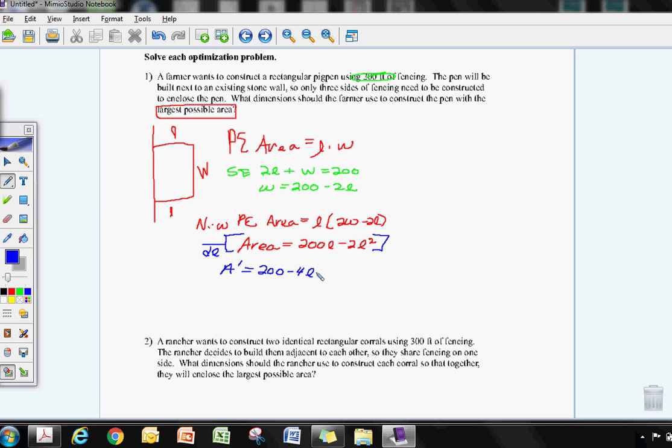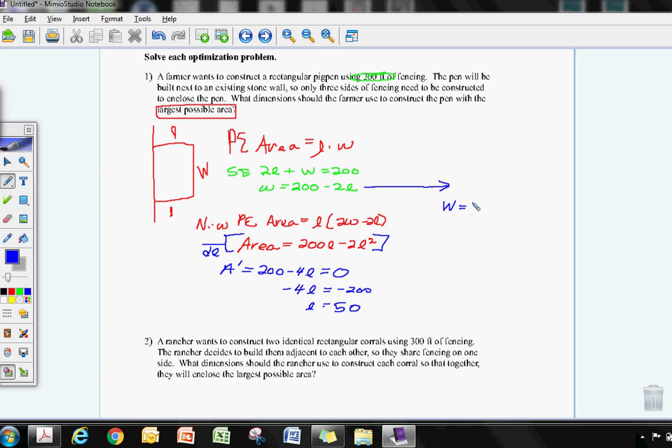What do we do to that area formula? We set it equal to 0. So negative 4L is going to equal negative 200. L is going to equal 50. Okay, so now that I've got the length, I am going to come up here and find my width.